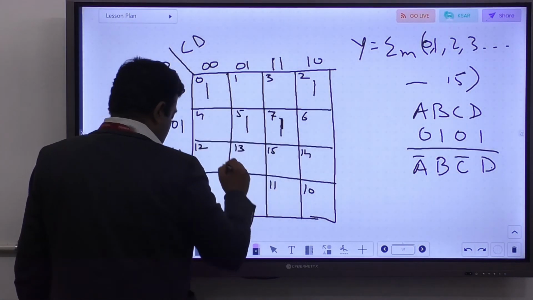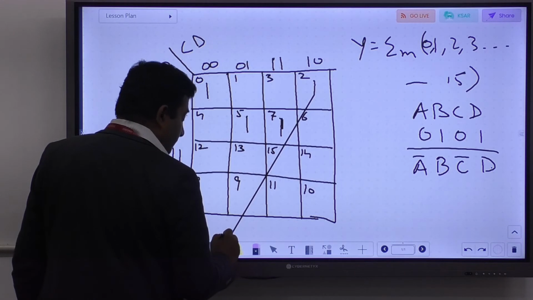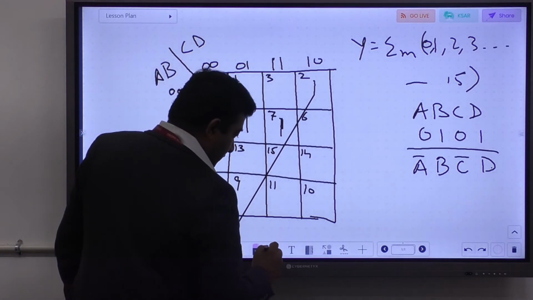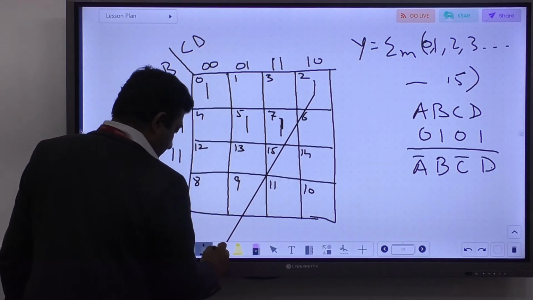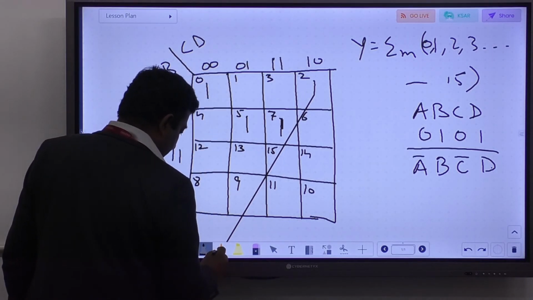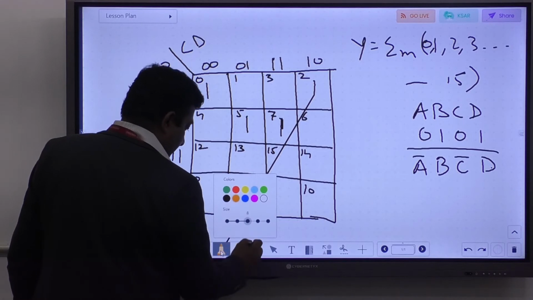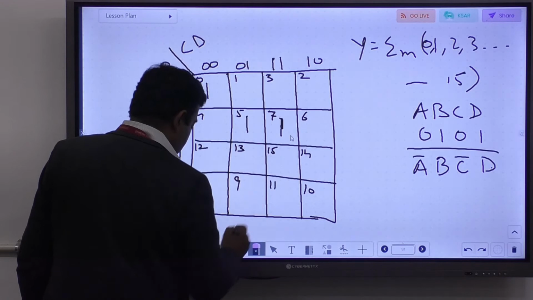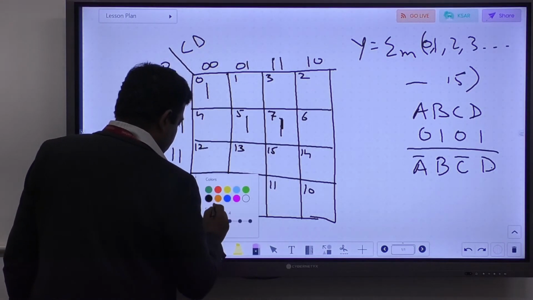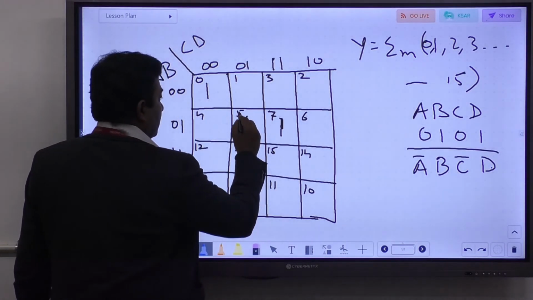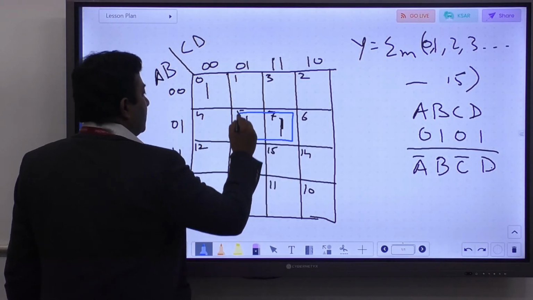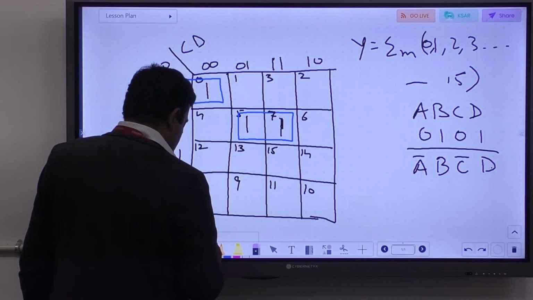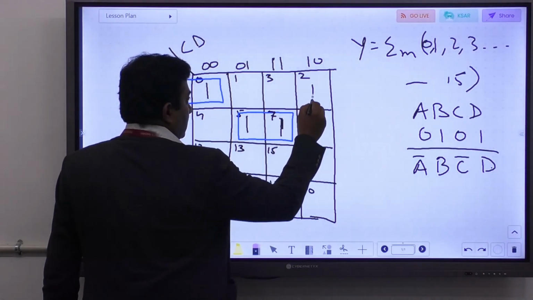One would be this pair, another would be the pair from the sides.